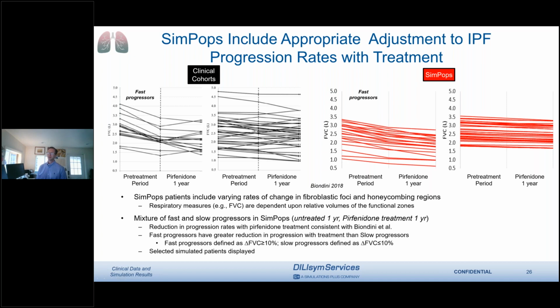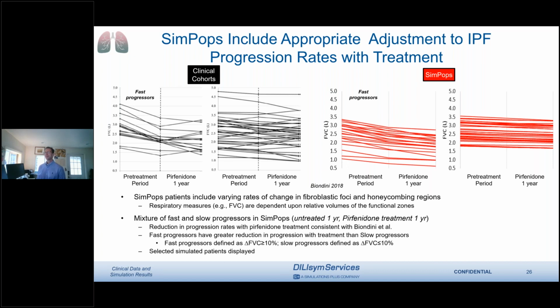You can see that in the clinical data, certainly on the left. You can also see the adjustment in slope of FVC over time as we ran simulations of those same sorts of experiments, those same studies. And again, I think this gives further credence and validation to our ability to capture treatments, and specifically pirfenidone, within IPF Sim.